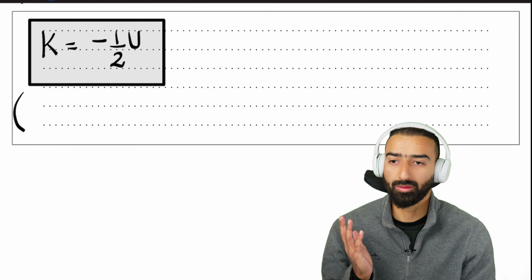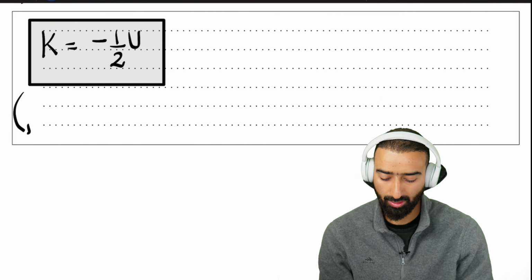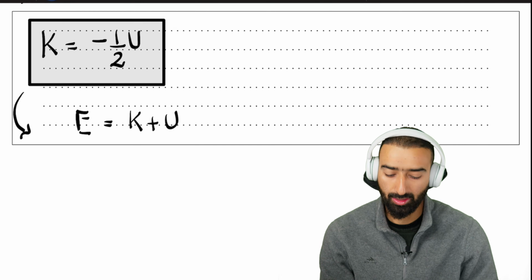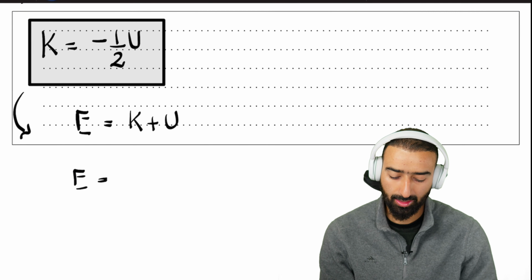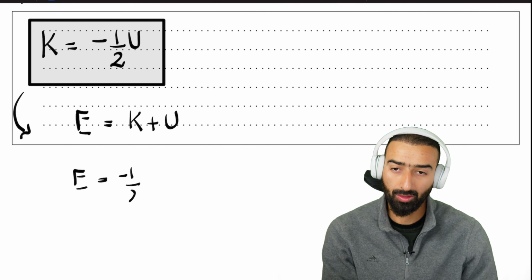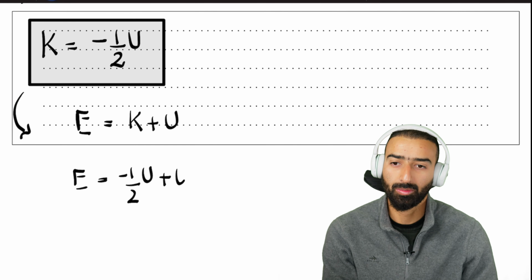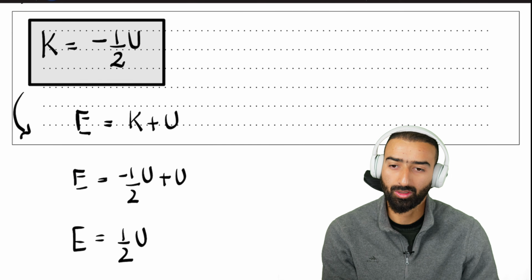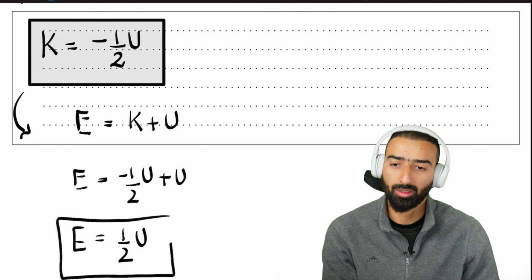From this equation, we can figure out the total energy of the satellite. The total mechanical energy would be kinetic plus potential. So I can write kinetic is negative half of potential, plus potential. That gives me just half of potential. That's yet another important equation.